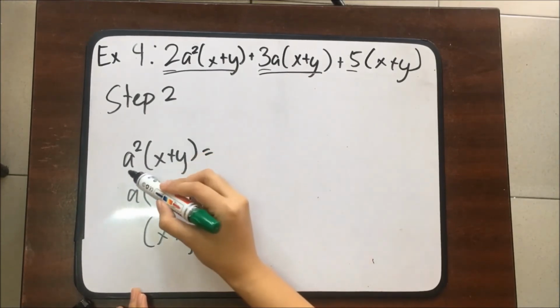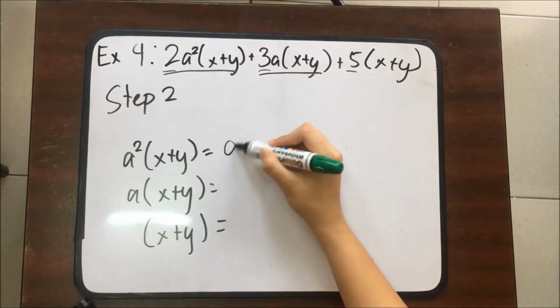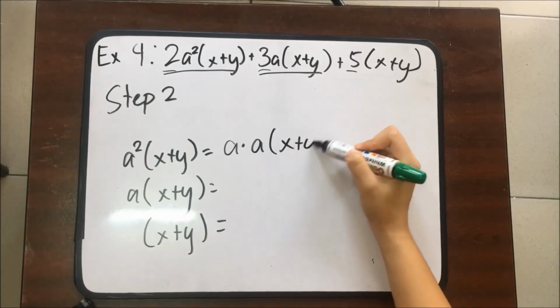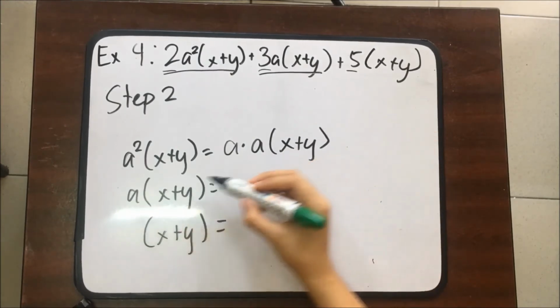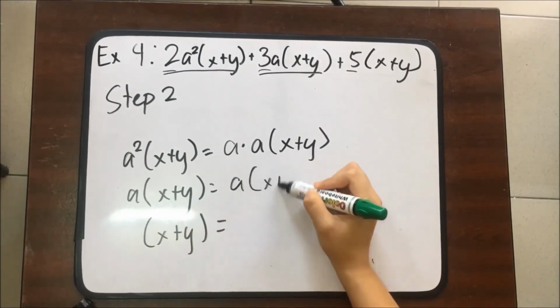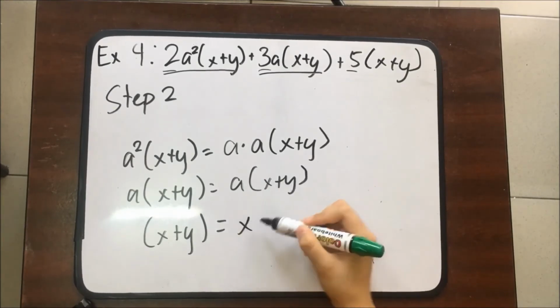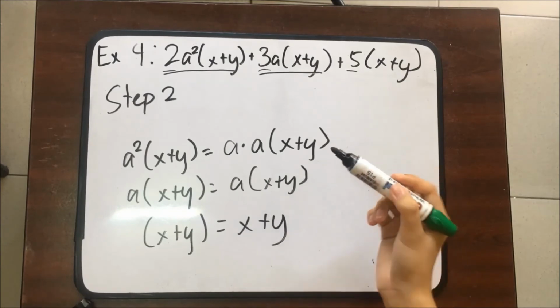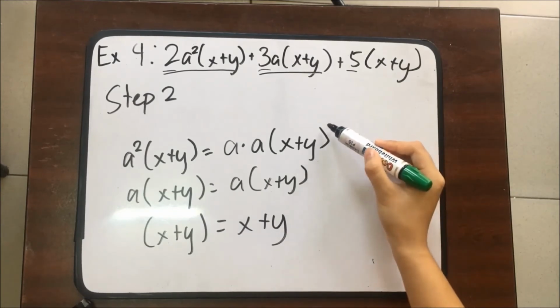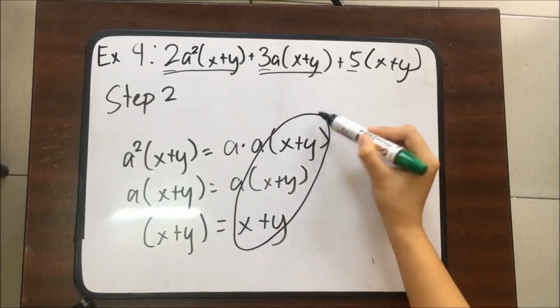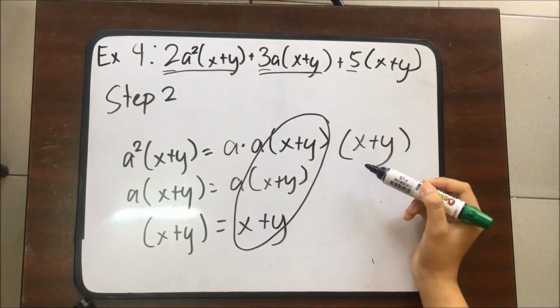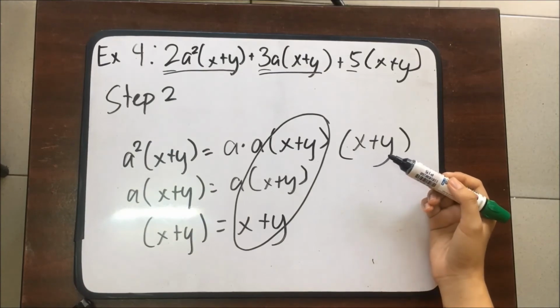So the factor of the first variable is a times the quantity x plus y. And here is a times the quantity x plus y. Here is x plus y. So what do they all have in common? They all have x plus y.